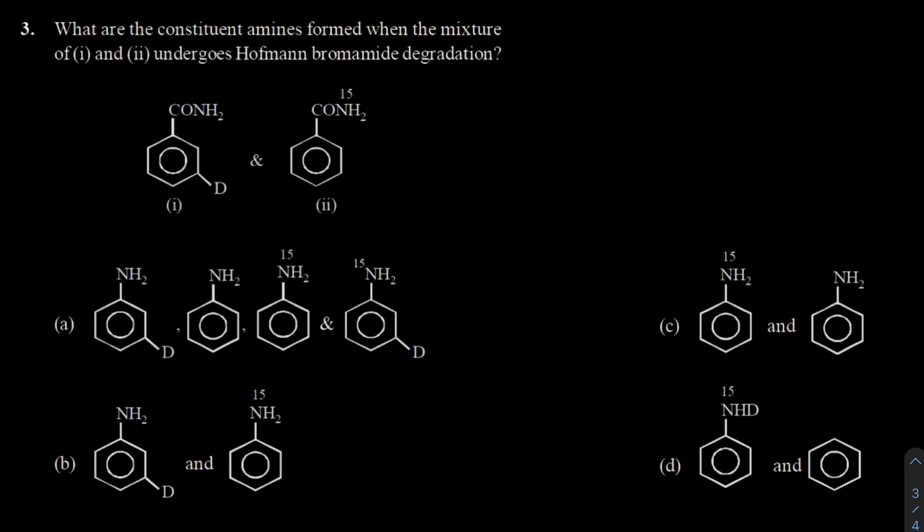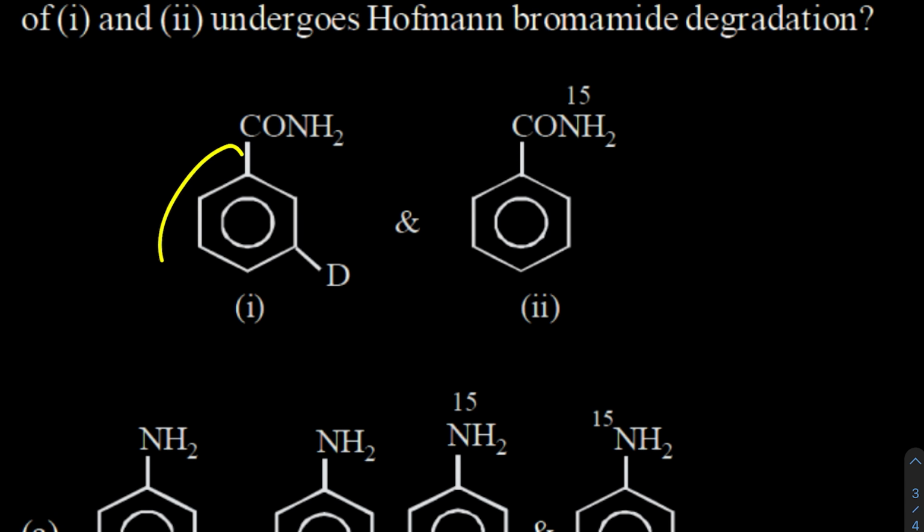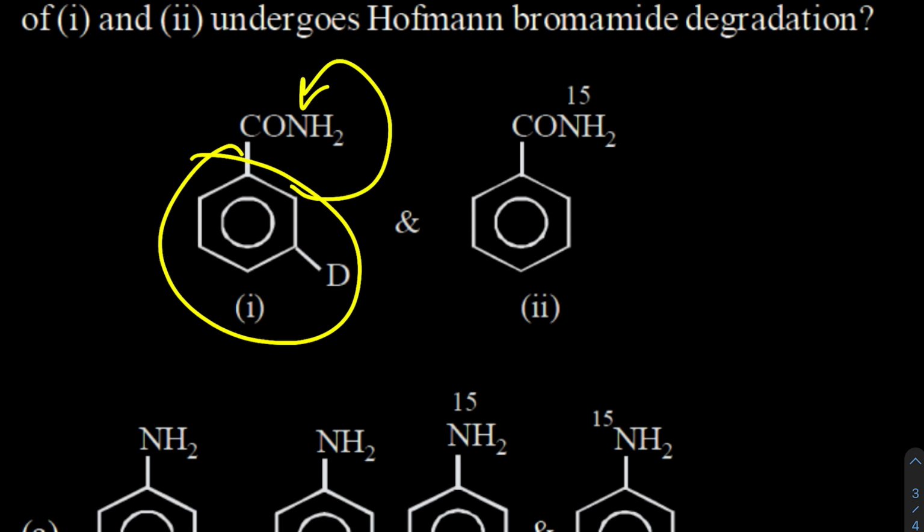And the next question in the comprehension asks us what are the constituent amines formed when the mixture of 1 and 2 undergoes Hoffmann Bromamide degradation. As I told you, whenever the alkyl group migrates over N, there is no change in its configuration.